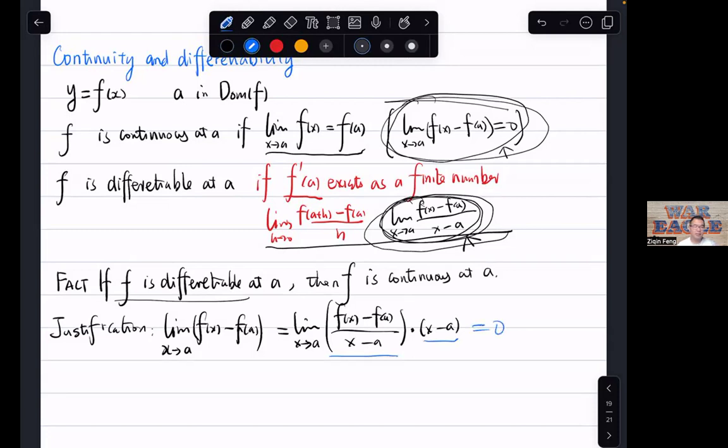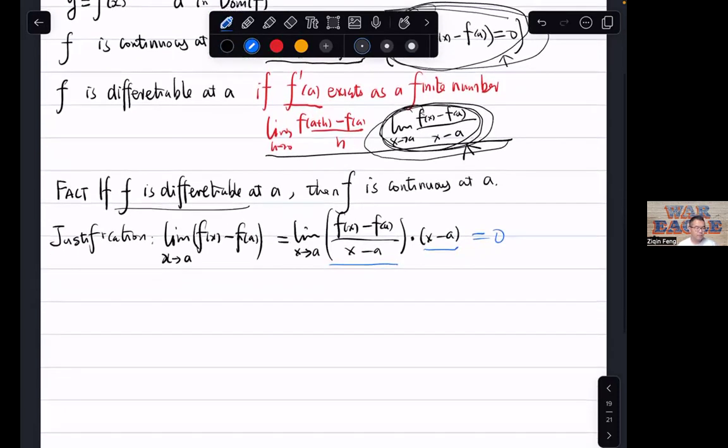Now let's see another example. Our function is f of x equal to the absolute value of x. We want to ask: does f prime of 0 exist?